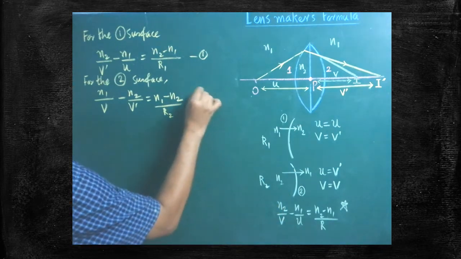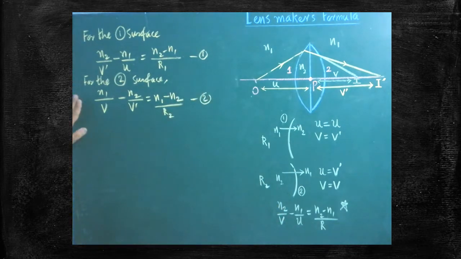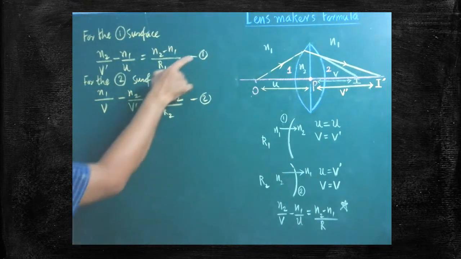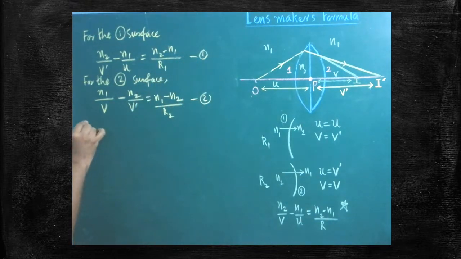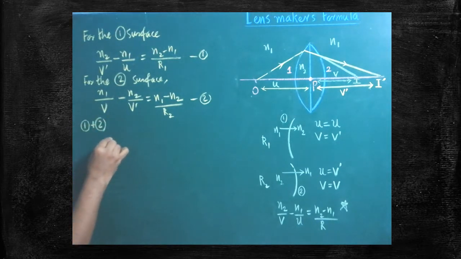So we have written two equations. Very carefully this equation must be written. Now the first equation and the second equation must both be added. After adding, how will you get? Add them in proper form.